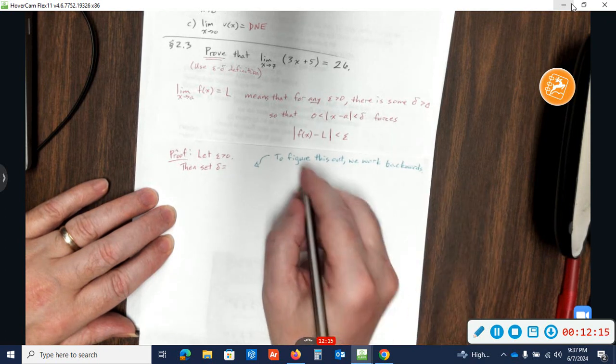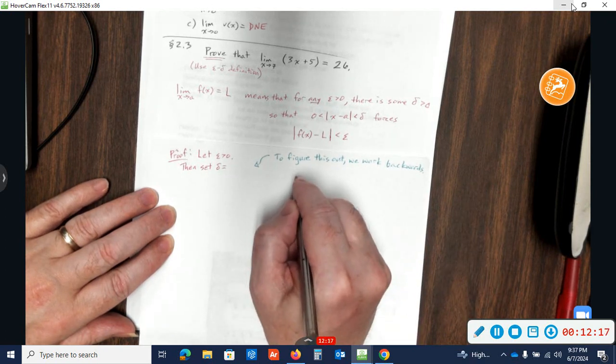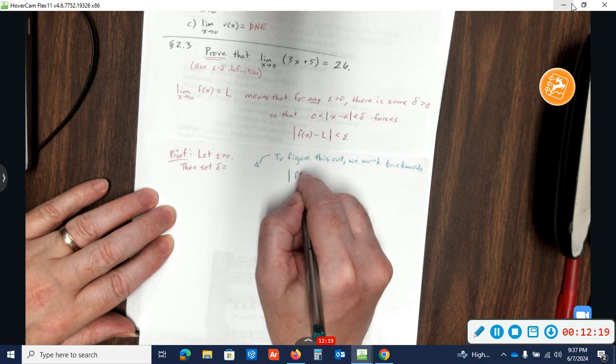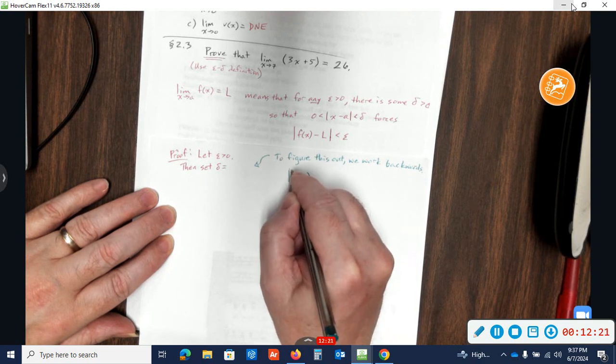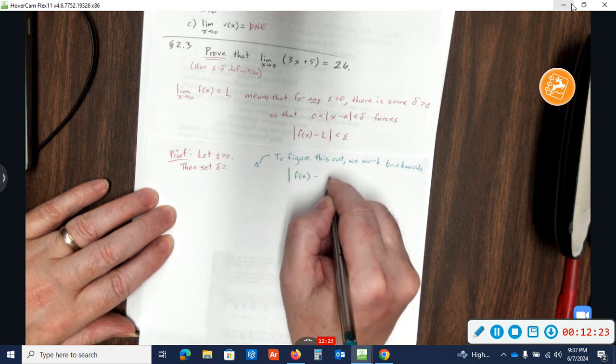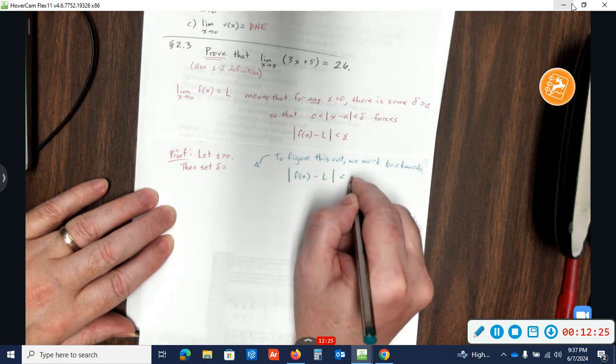I'd like to be able to end with saying that the absolute value of the difference between the function value and its target is less than epsilon.